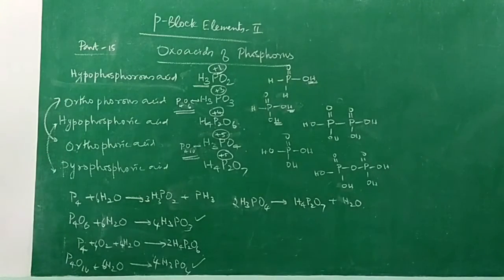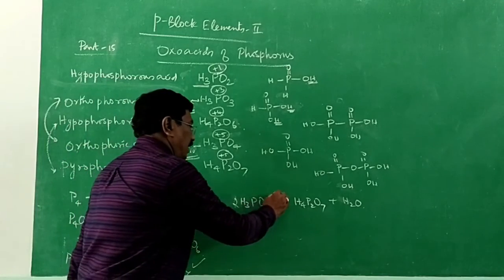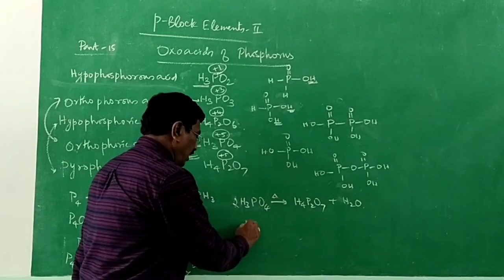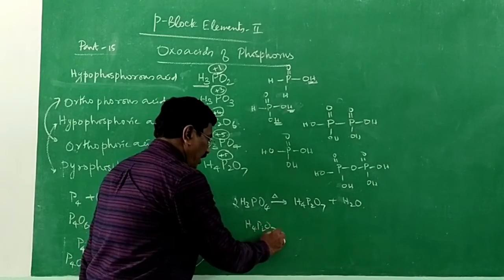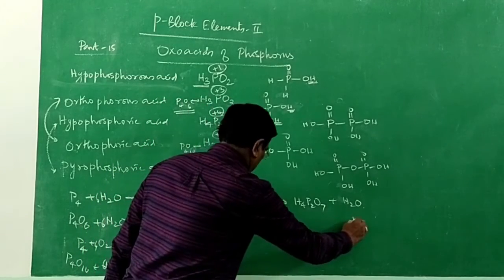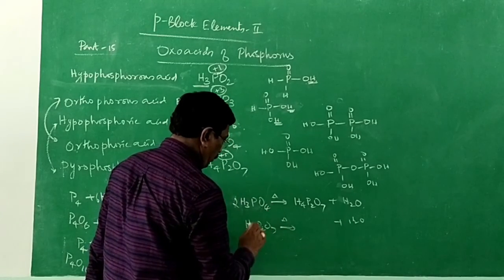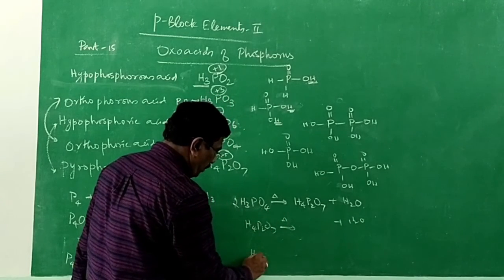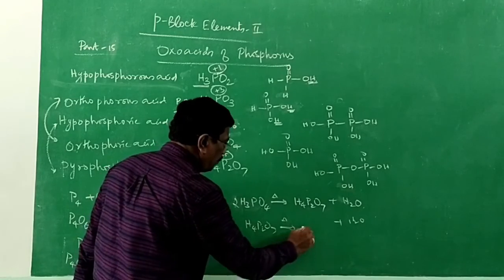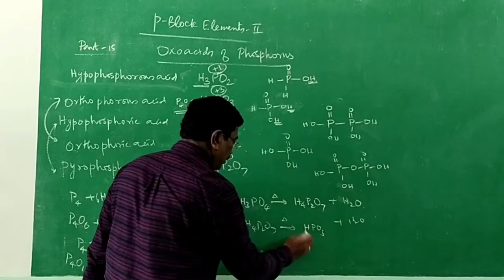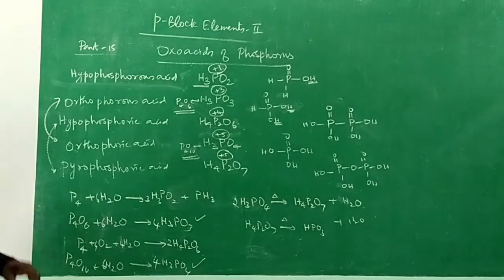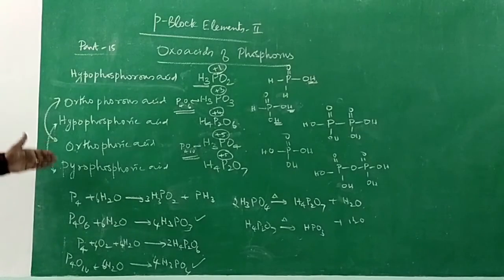Of course, in the next step it also loses water. When H4P2O7 is heated, it again loses water to become H2P2O6, which is nothing but HPO3, metaphosphoric acid.